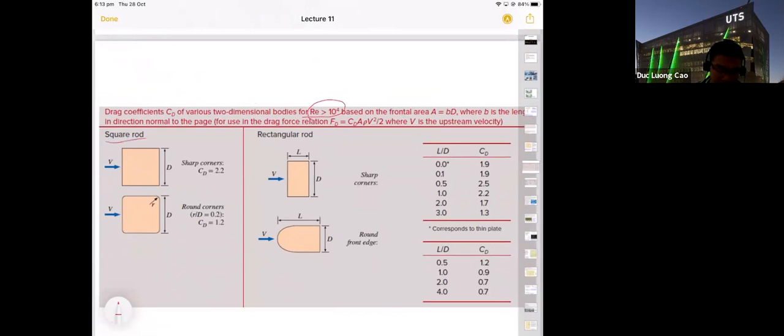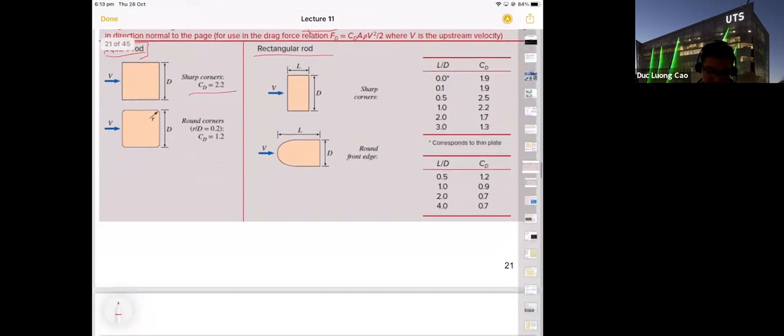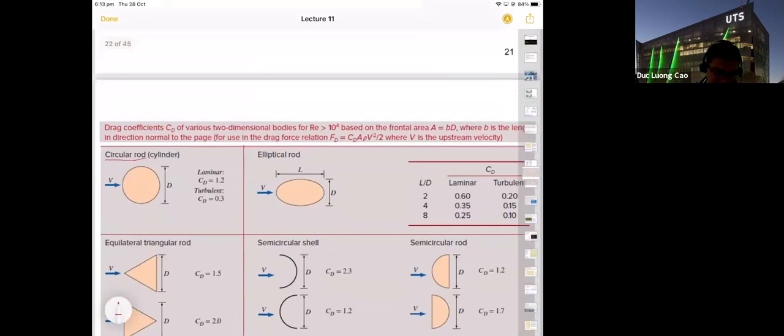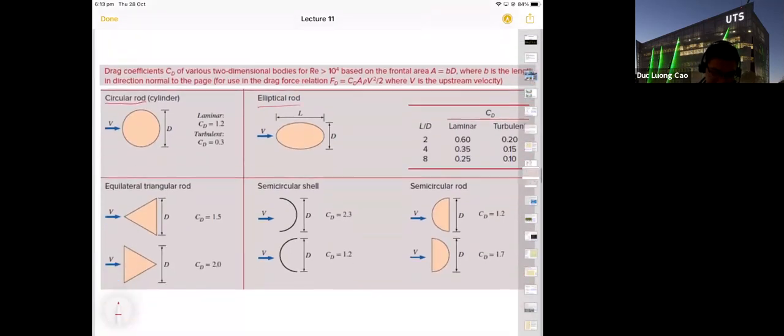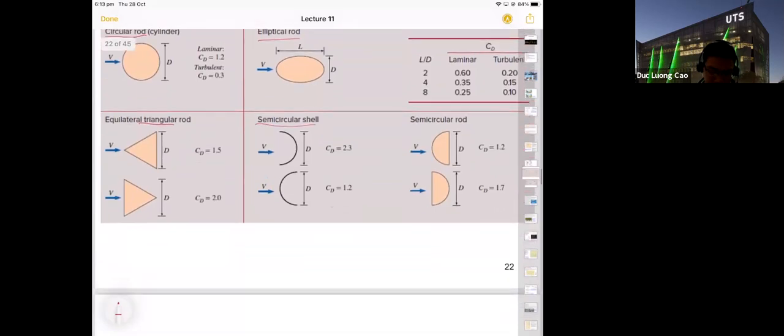For square, for rectangle, you see this one is square. You can use this one. It's similar to the square in the lab 2. Okay, it's 2.2 or 2. Then rectangle, circular, ellipse, triangle, semicircle.